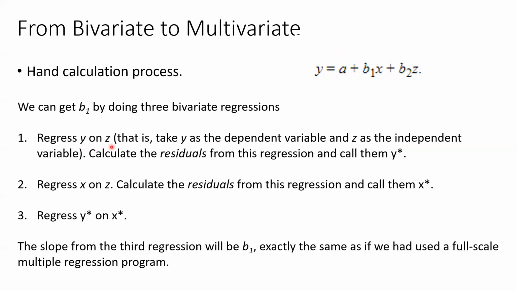So we would regress y on z, with y as dependent and z as independent, calculate the residuals from that regression, and call it y star or y prime. Then we would regress x on z, calculate those residuals, and call those x prime. And then we would regress y prime on x prime.